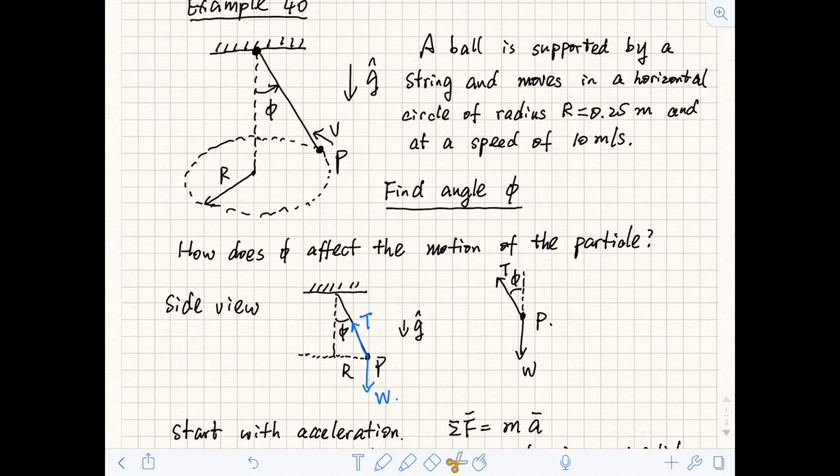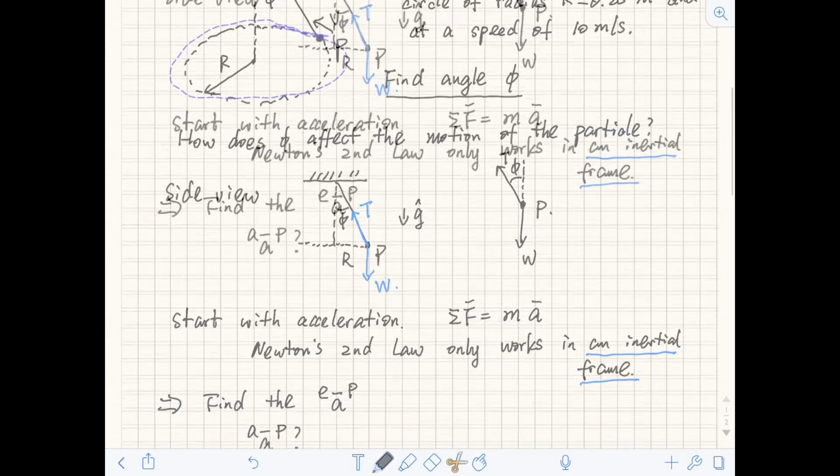We have the particle moving in a horizontal circle with a radius of r equal to 2.5 meters. So without looking at anything else, let's just look at the motion of this particle, moving in a horizontal circle.